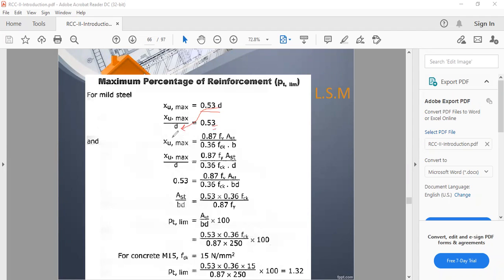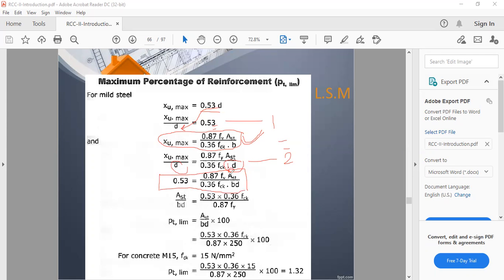You know the maximum value of XU is 0.87 FY ASC divided by 0.36 FCK into B. We got this value in the earlier slide. Now divide by D here and here. This is the first equation, this is your second equation, and this is multiplied by B.